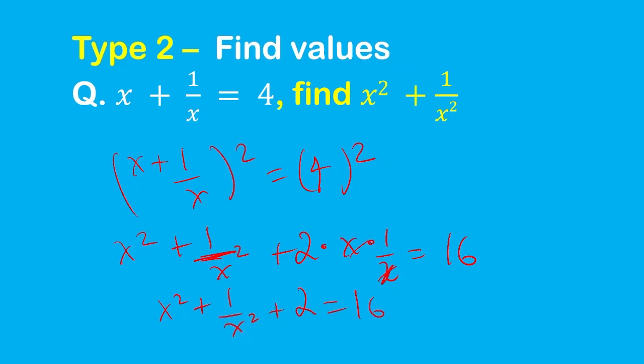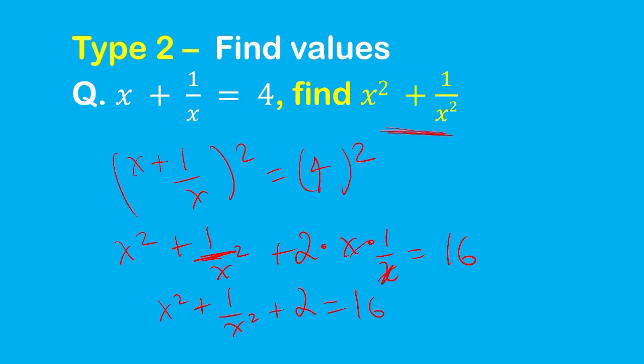Now when you see this question, what should go on in your mind is we need to somehow get x² + 1/x². How do we somehow get x² + 1/x²? Do I know any identity? Yes, we have (a + b) whole square, that is a² + b² + 2ab. If I write x as a and 1/x as b, I will get a² + b², that is x² + 1/x². But what do I do with the 2ab?